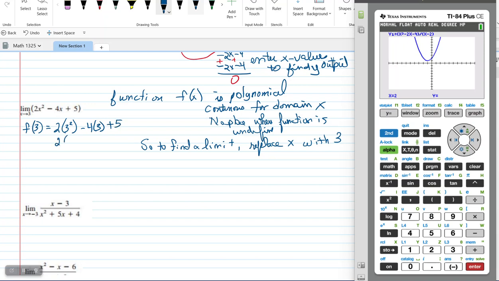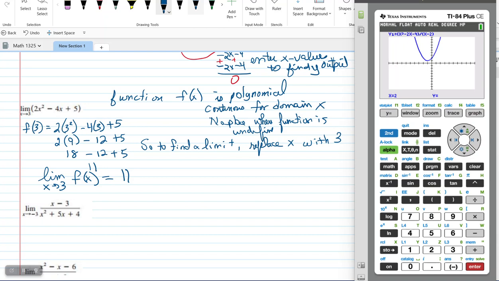This is 2 times 9 minus 12 plus 5. 18 minus 12 is 6. And 5 makes it 11. So the limit as x approaches 3 for this f of x is 11, because it's a polynomial.